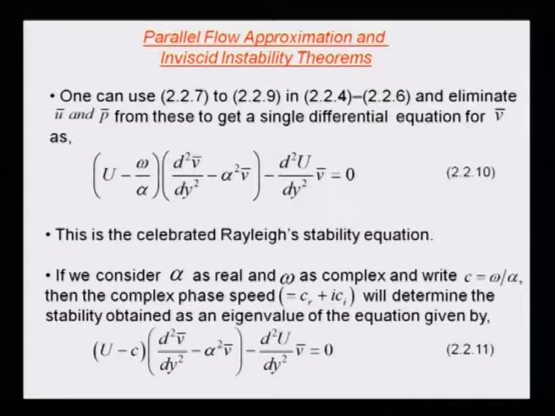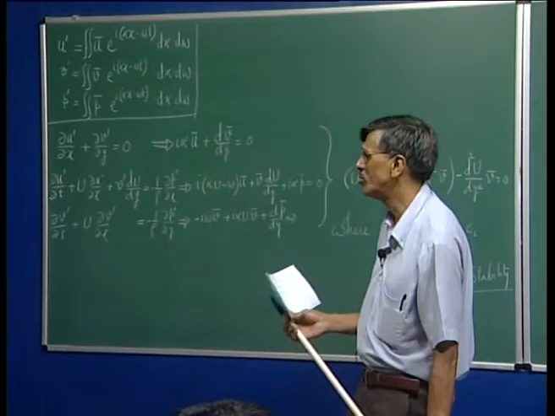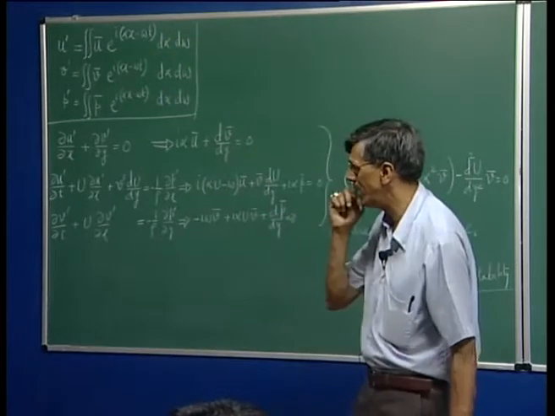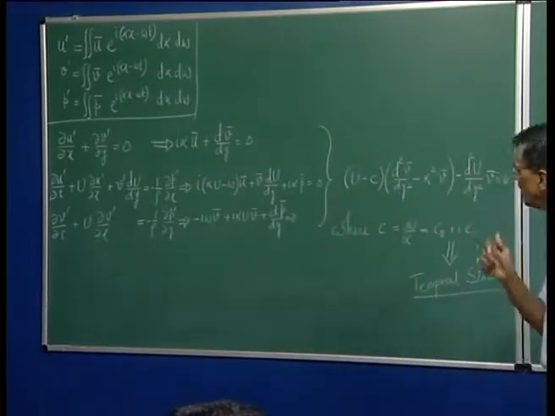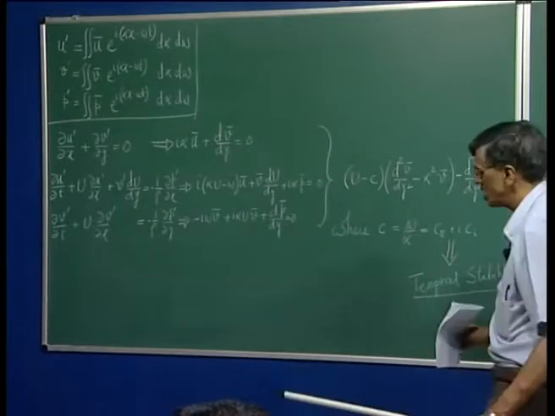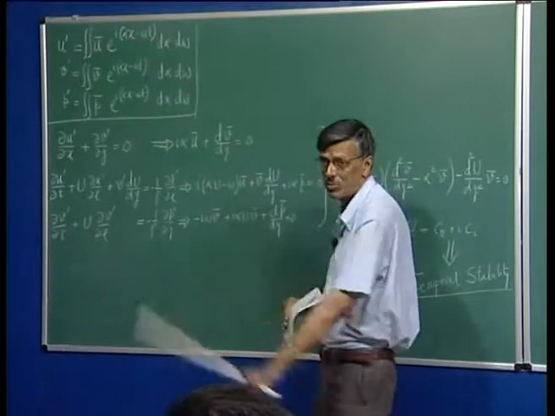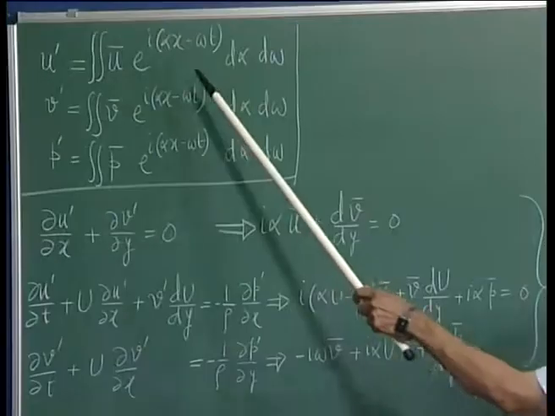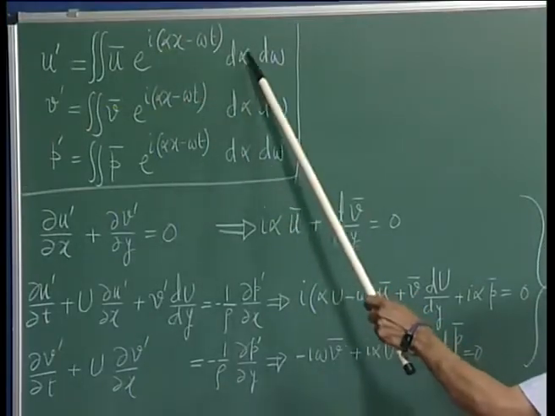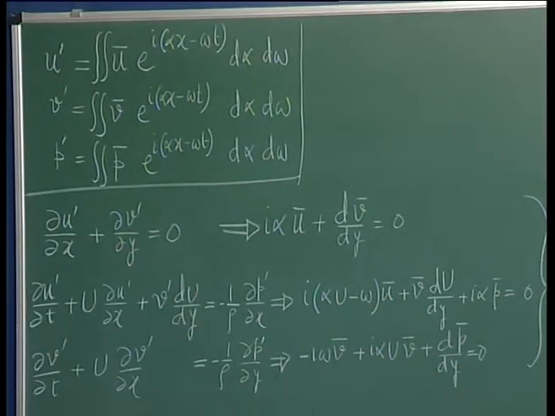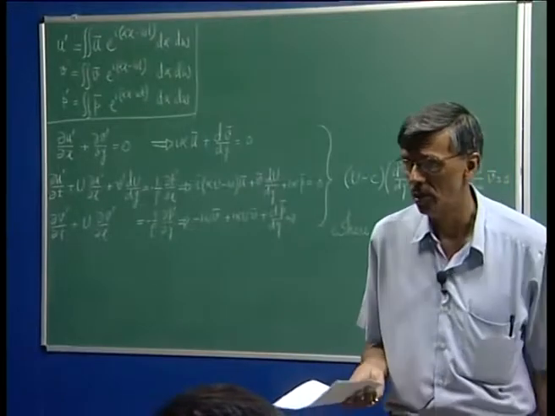Now, at this stage you have to make a conscious decision on which way to go. You can see that in this representation, where we define the disturbance quantity in the spectral plane, we have the wave number alpha and the circular frequency omega, and what did we decide to do?